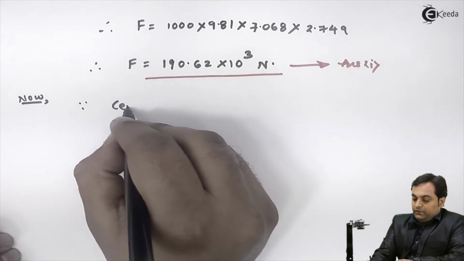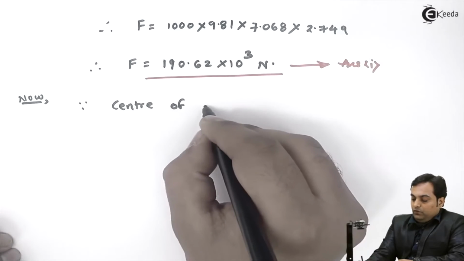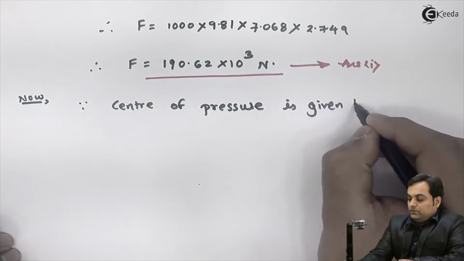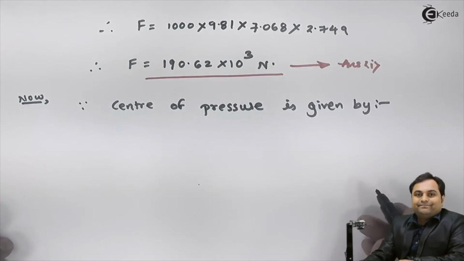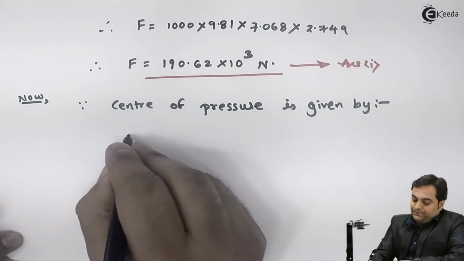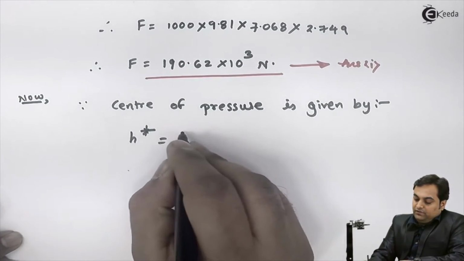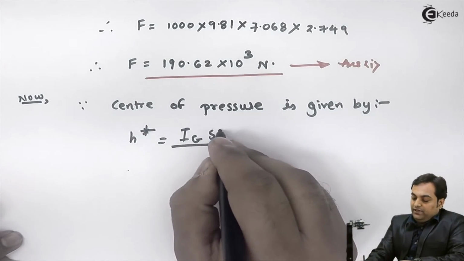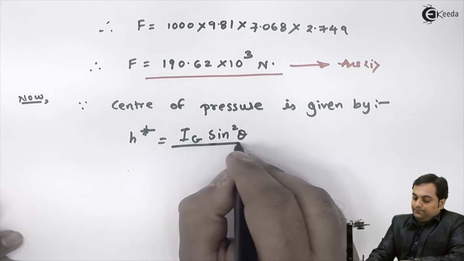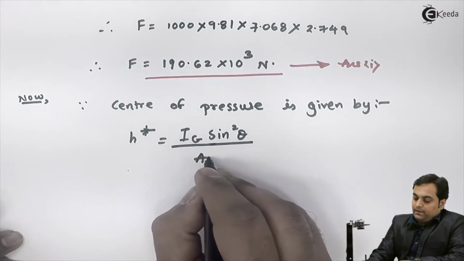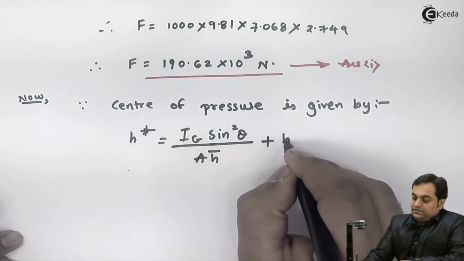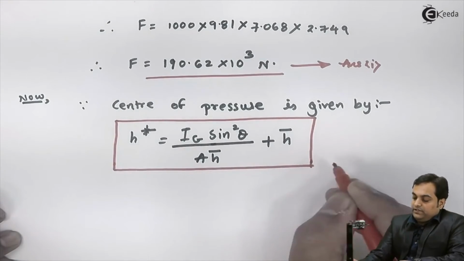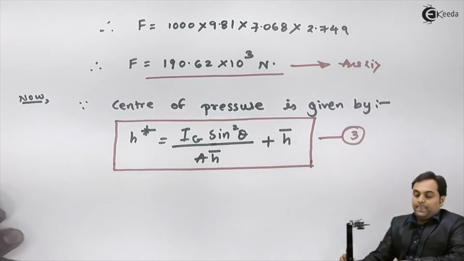Center of pressure is given by the formula, H star is equal to I suffix G, for an inclined plane, sine square theta upon A h bar, plus h bar. Now I'll keep this as my third equation.